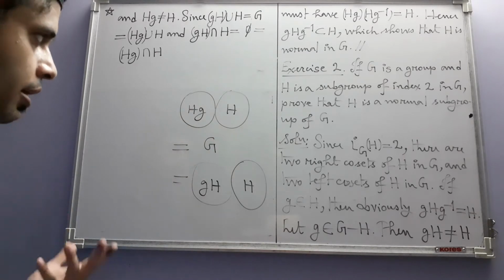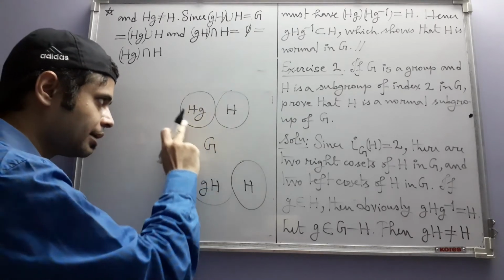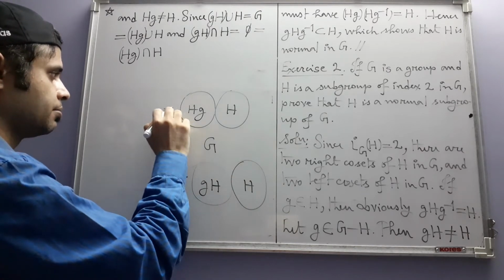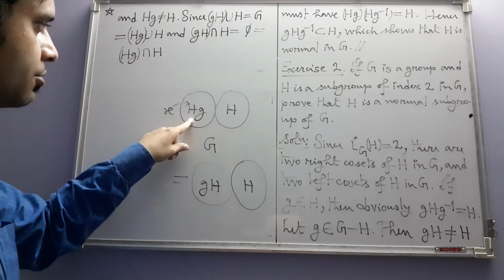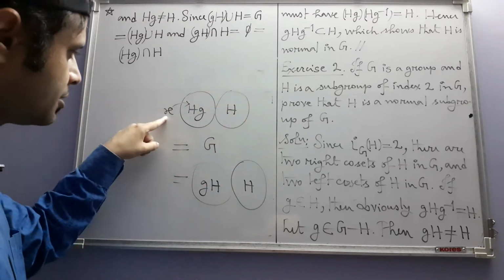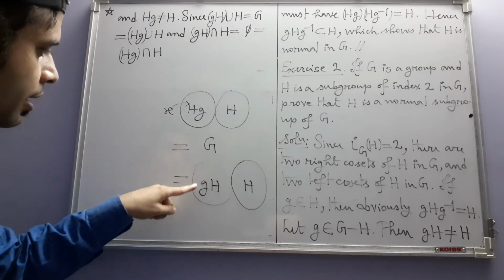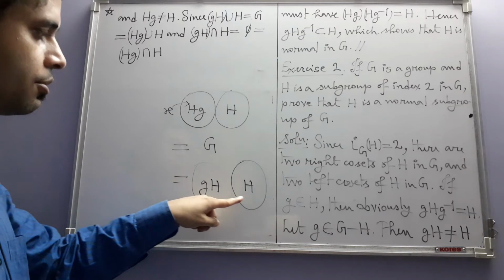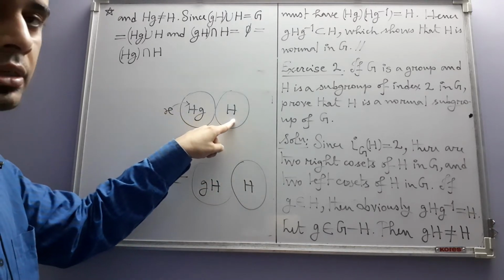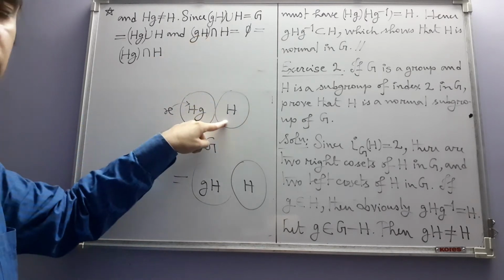If you want to really be sure why this is true, you just take an element in this right coset Hg, just some element, say x. Then x belongs to Hg means x belongs to the union of Hg and H. That means x must belong to G, and that's why x must belong to either gH or H. But x belongs to Hg means x does not belong to H, and this comes from disjointness of these two things.